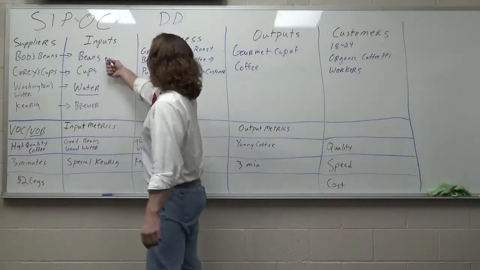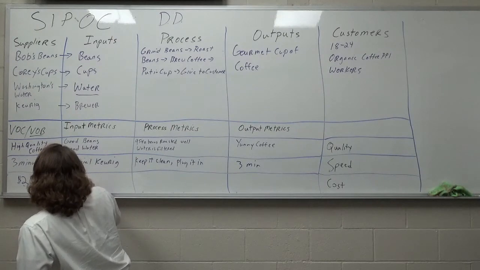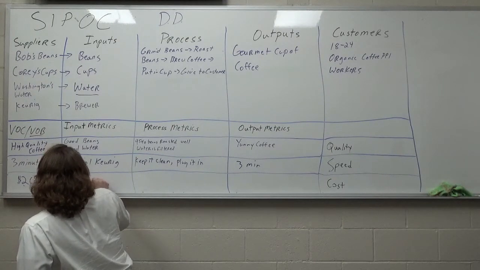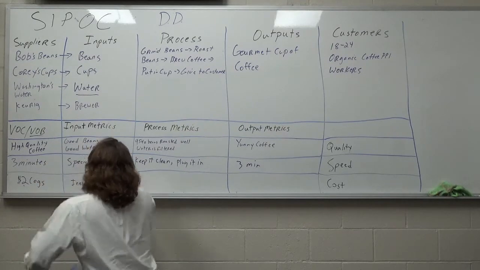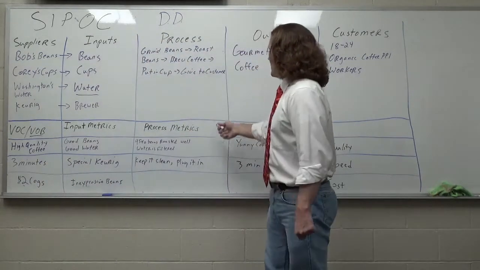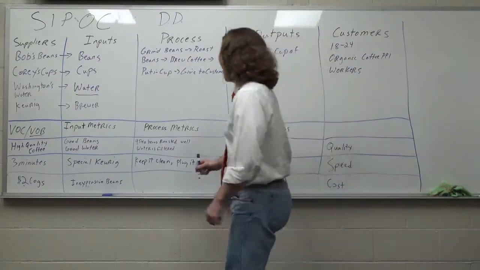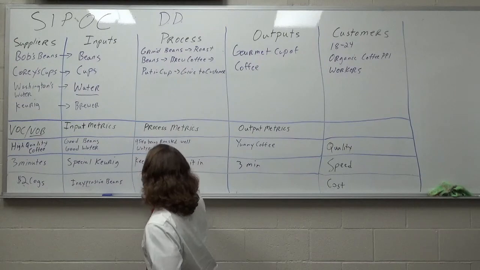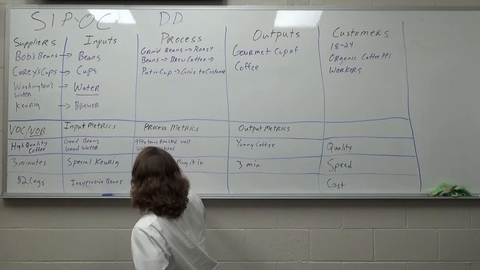Input metric, maybe the beans need to be cheap. Inexpensive beans. Okay, maybe they're good beans, but they're also cheap beans. Process metrics. Well, if you want to make sure that those beans stay inexpensive, again, that goes to beans roasted correctly. Because if you burn your beans, you got to throw them out.